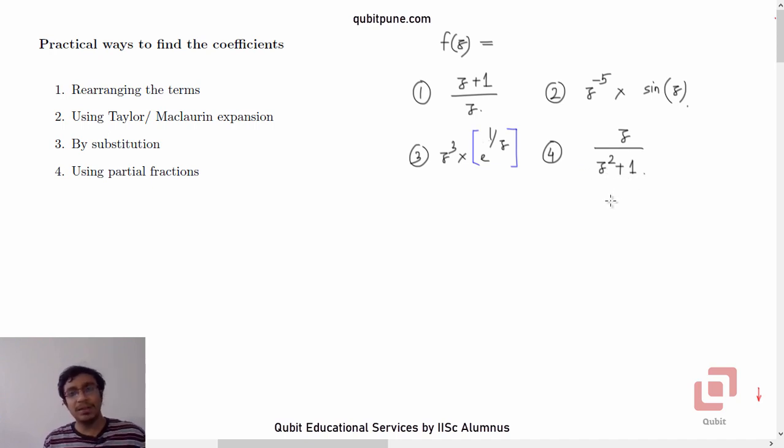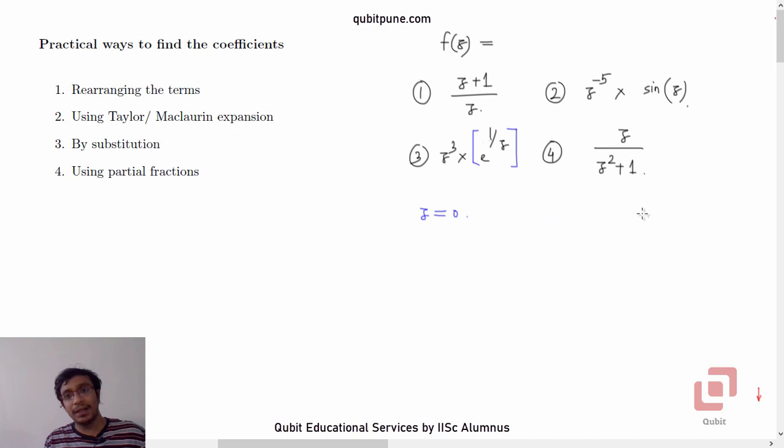Now you may see that except for the fourth, all other functions are not defined at 0, simply because you have 0 in the denominator, or a power of z.